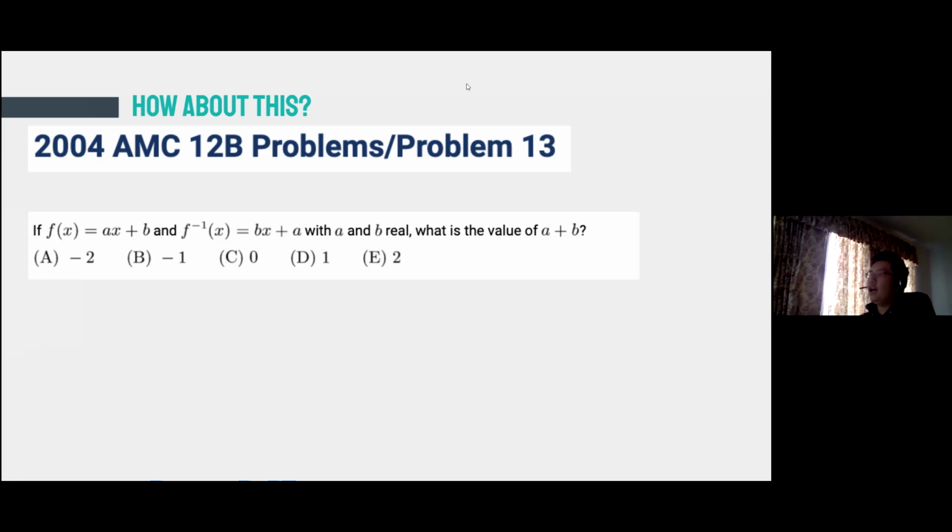This one is a kind of a, as I was saying, this is an AMC 12B problem, which looks intimidating, but it shouldn't be that bad.